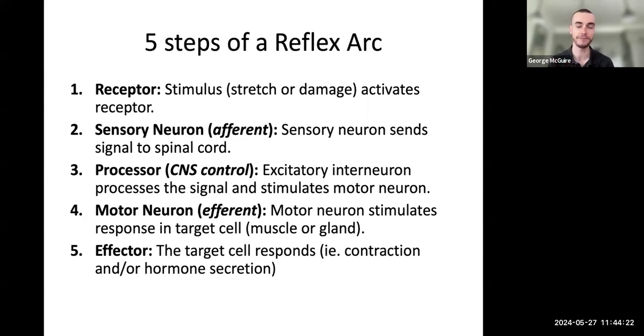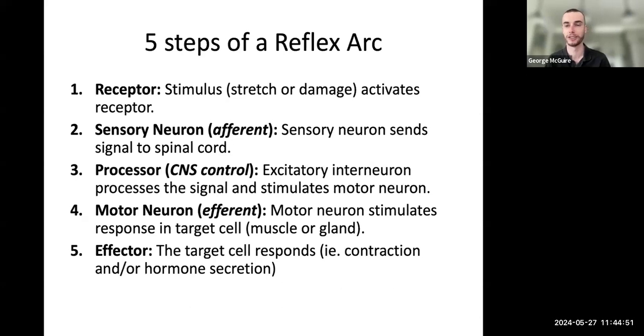This is the sensory neuron, part of our afferent system, that is responding to that stimulus and sending the signal to the central nervous system, so the spinal cord. We then have an interneuron, which we can call our processor, and this is what is providing that central nervous system control, which is going to be an autonomic response first off, and then can later be modulated by our somatic system.